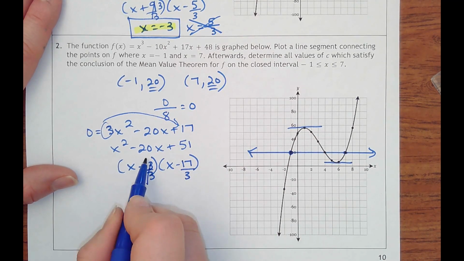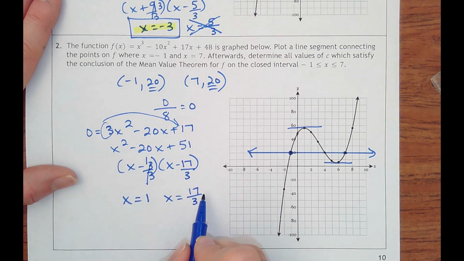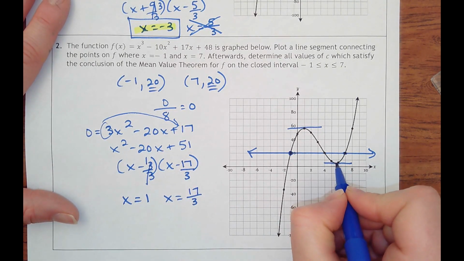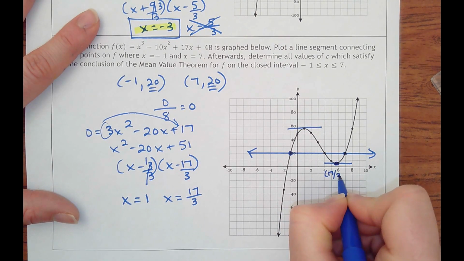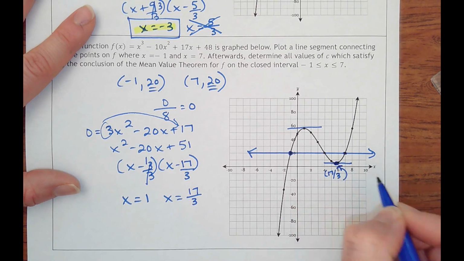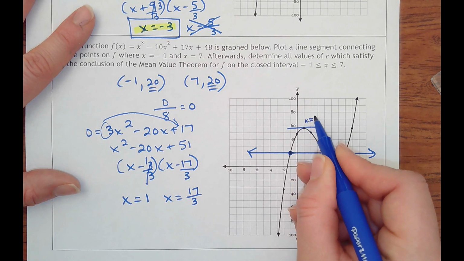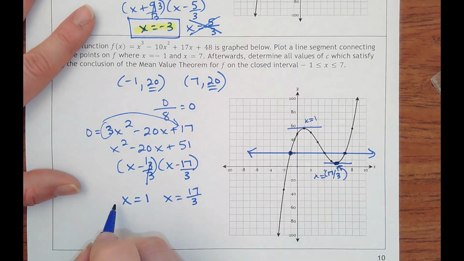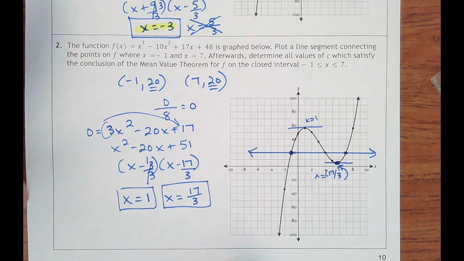So that would be x minus 1, which would get me an answer of positive 1. And then that would get me a positive 17 thirds, which is almost 18 thirds, that's almost 6. So that's right here at 17 thirds, and then that was here at 1. Should probably put x equals, but anyway, you get 2 answers that have the same slope. And that's it.